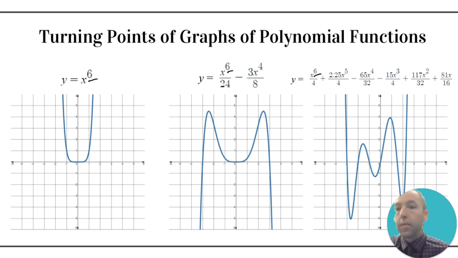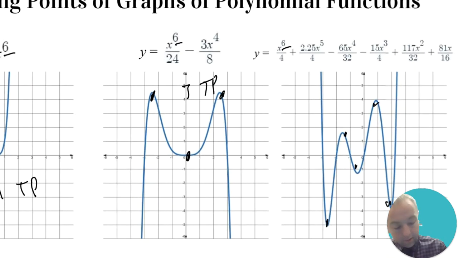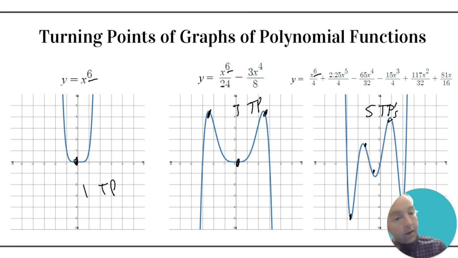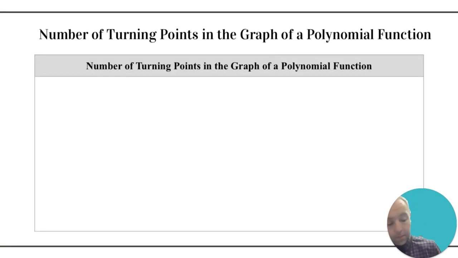So the only odd numbers that are less than 6 are 5, 3, and 1. So having exactly 1 turning point, or exactly 3 turning points, or exactly 5 different turning points are the only possible numbers of turning points that can happen for an even degree polynomial of degree 6, right?